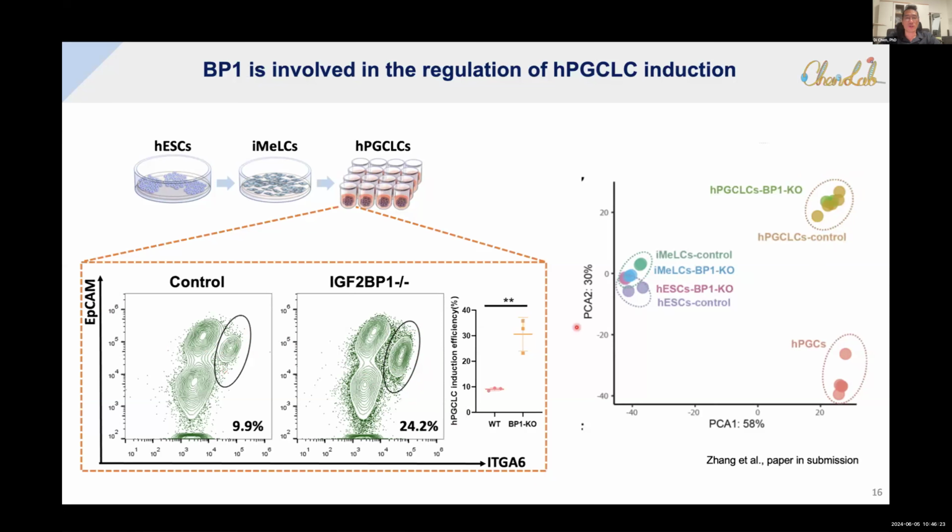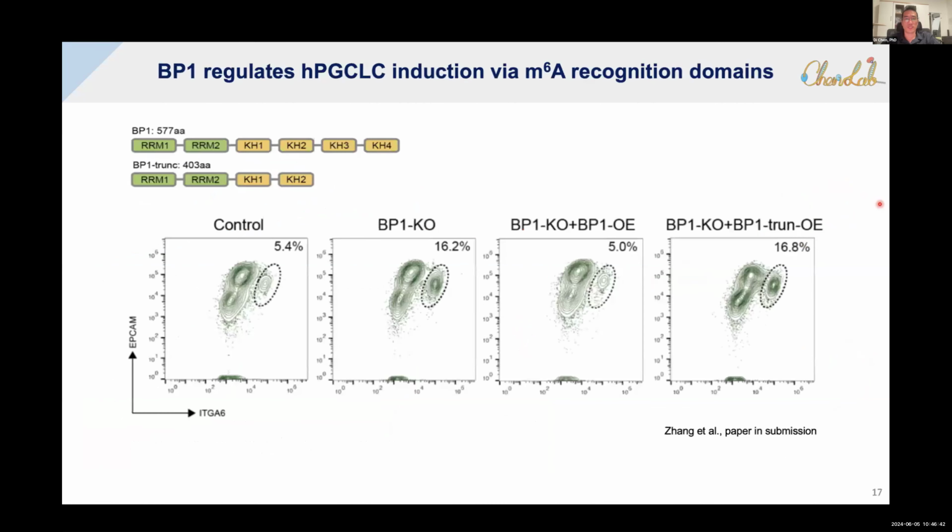This means that although the percentage of the germ cells increased, the germ cell phase is not altered. So BP1 and the M6A-mediated regulation is probably more involved in controlling the induction of the PGC-like cells, but not the development of the germ cells.